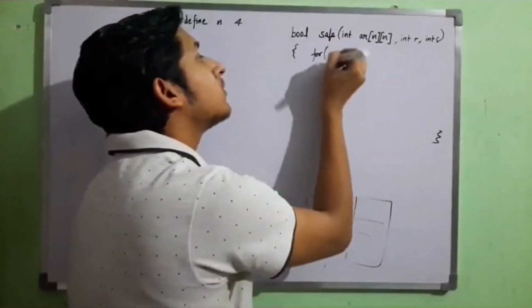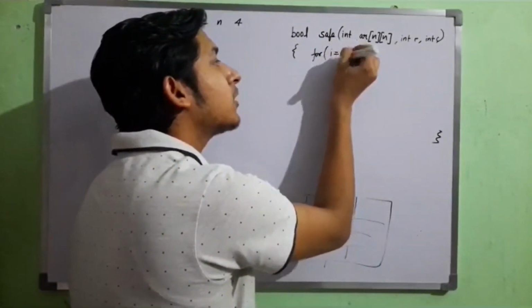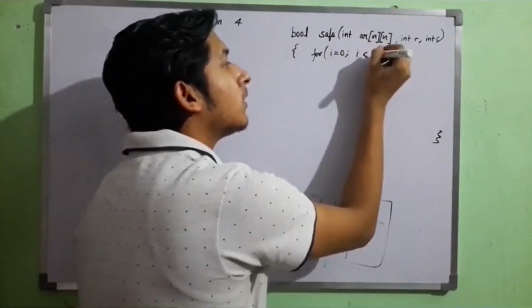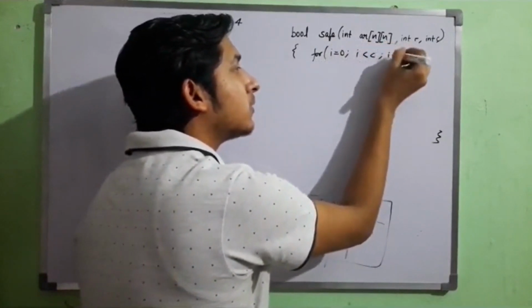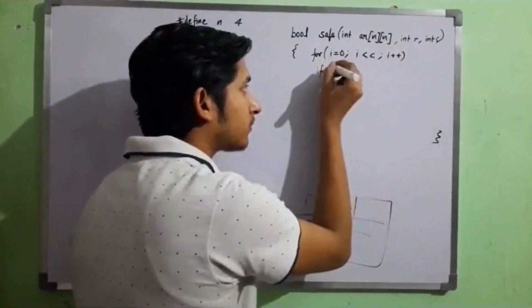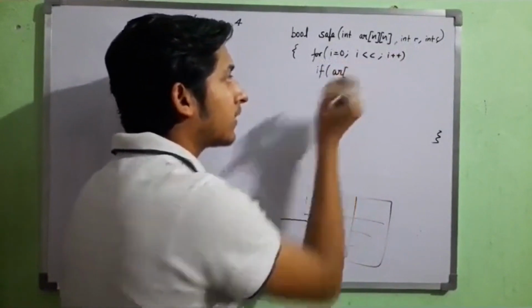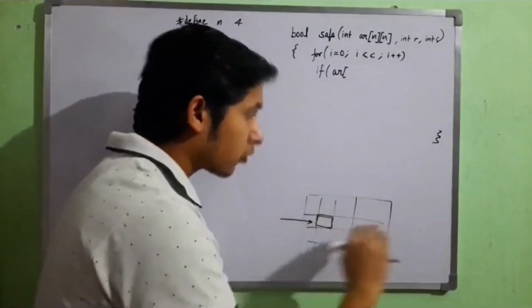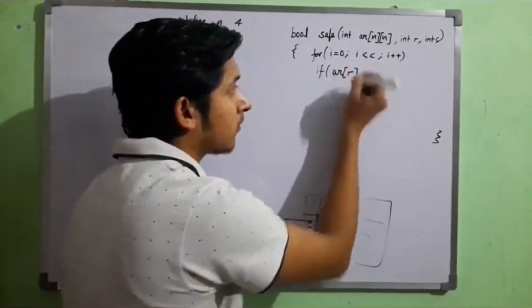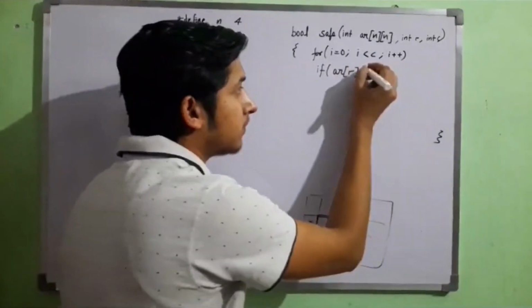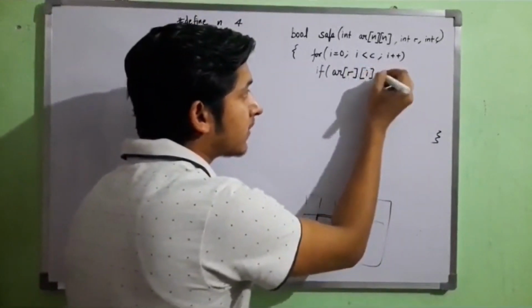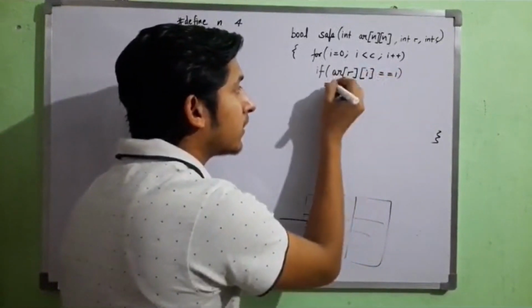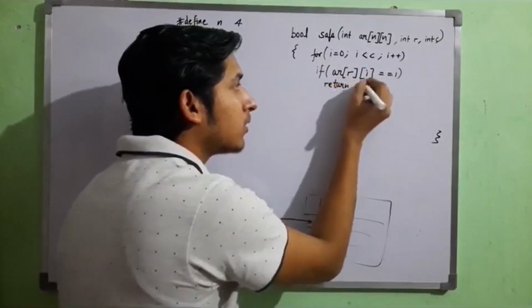So for i from 0 to column, if AR of this row and ith column is equal to 1, then return false.